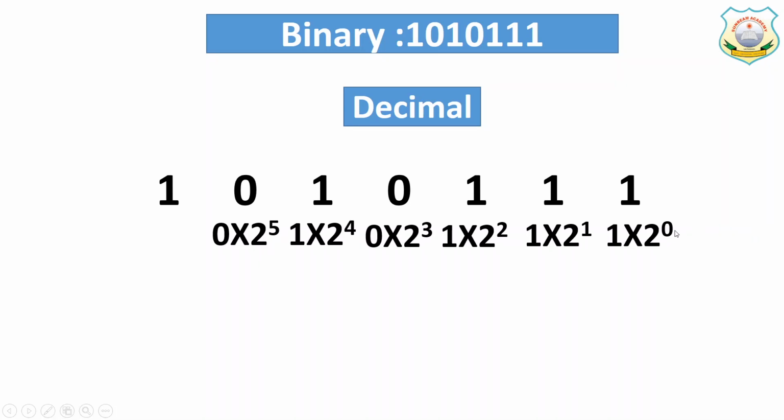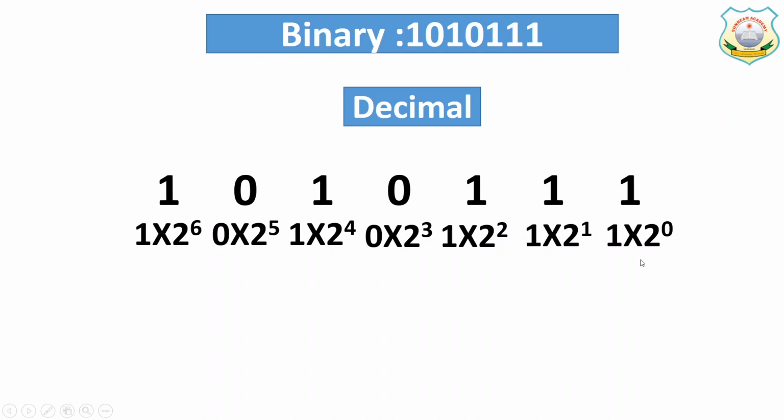You can see the powers 0, 1, 2, 3, 4, 5. And then 1 into 2 raised to 6. So I took this 1 into 2 raised to 6. And that's what we need to do. Over here it is 5, and then we are going to come up with the answers.